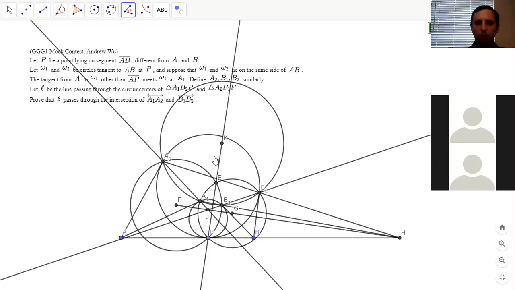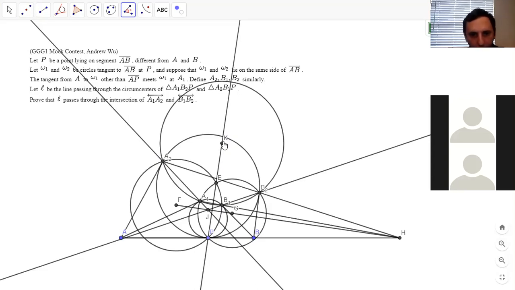So if we could show EP passes through K, and we could show KA2 squared is KE times KP, then that would solve it. KA2 is equal to KB2.